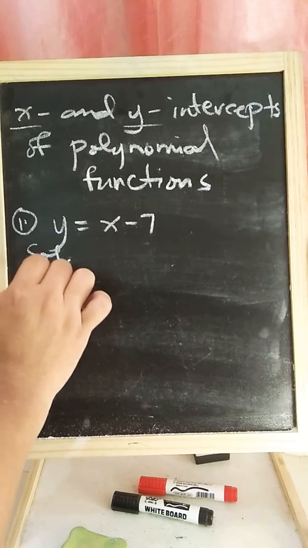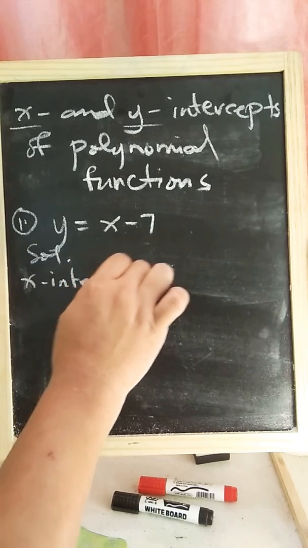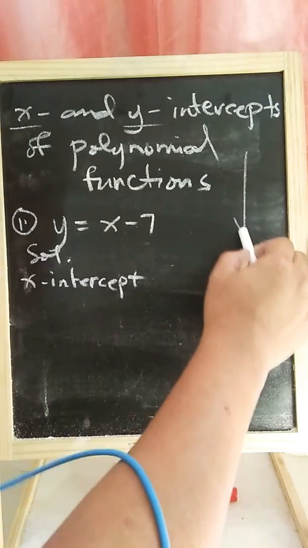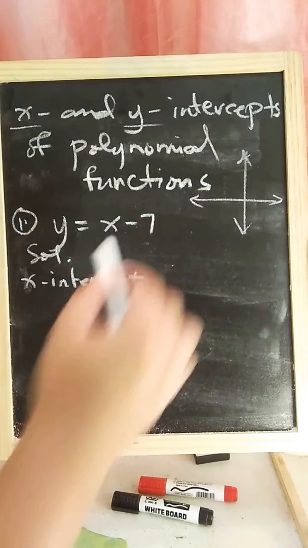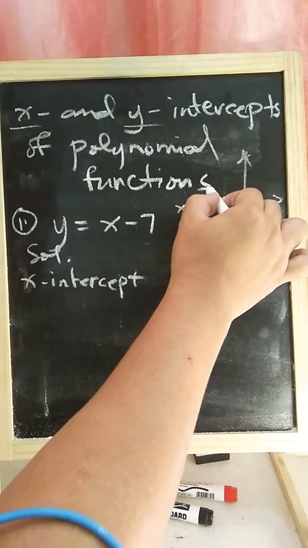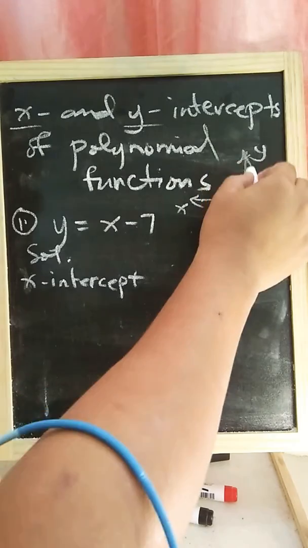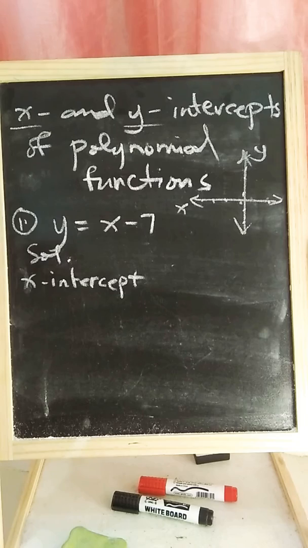We will look first for the x-intercept. By definition, intercepts are points that lie on the x or the y-axis. Here is our Cartesian plane. An x-intercept lies on the x-axis, while a y-intercept lies on the y-axis.